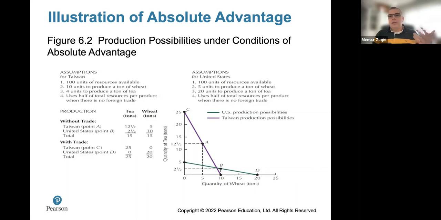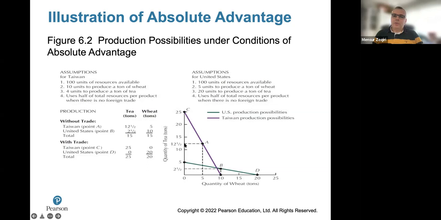So in these cases, the United States would not be able to produce 20 tons of wheat if they do not decrease these 2.5 tons of tea. So if the United States would like to produce 20 tons of wheat, they would need to give up these 2.5 tons of tea.